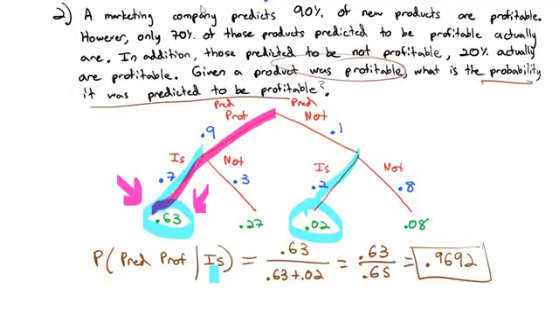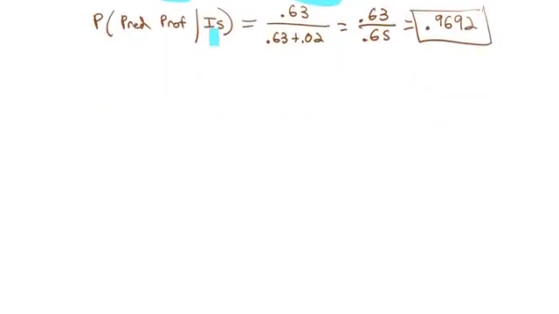Let's do one more of these Bayes' theorems with a little bit more detail in it. Let's say Bob drives to work 40% of the time.